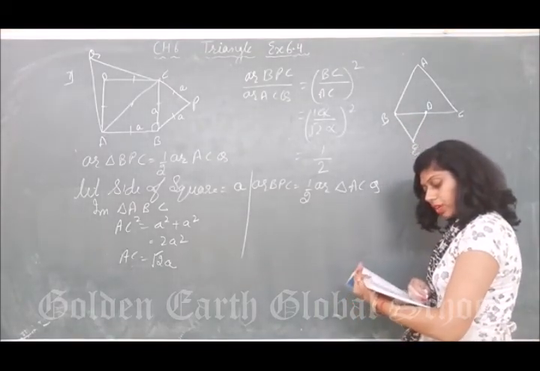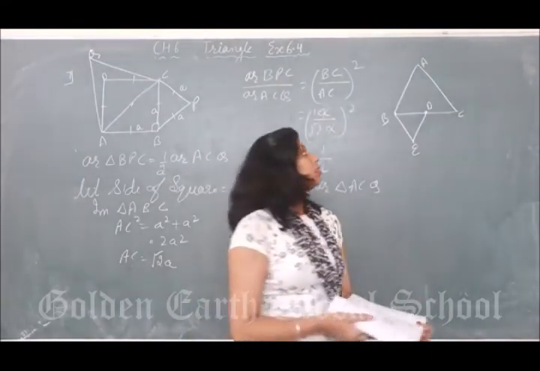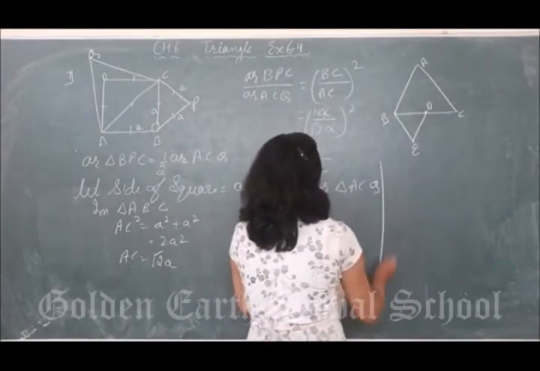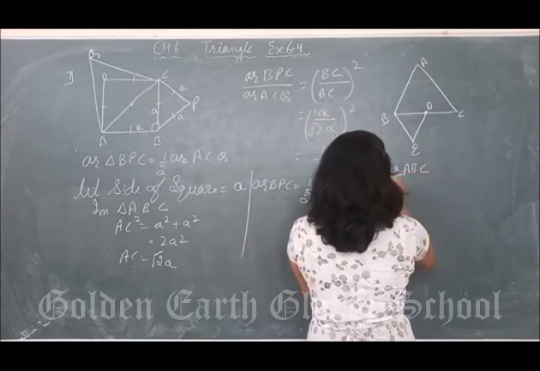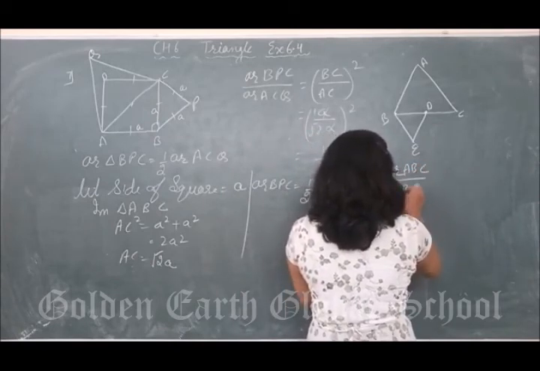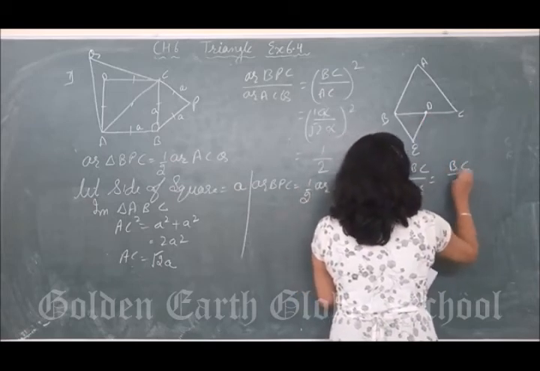These are equilateral triangles, so we can apply the result. Area of ABC upon BDE is equal to, side of this is BC, side of this is BD, whole square.